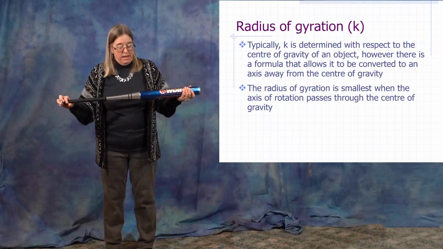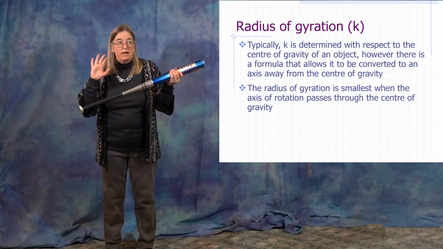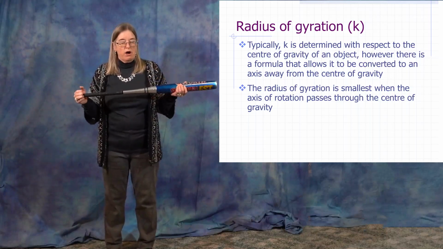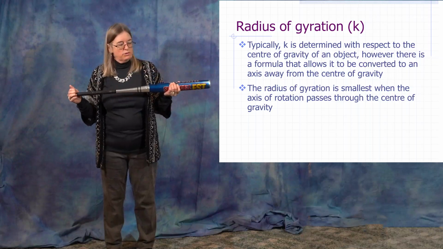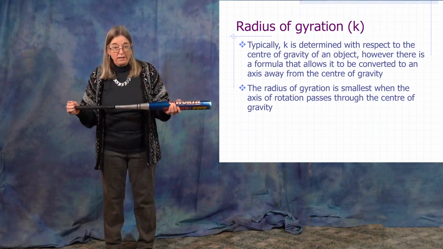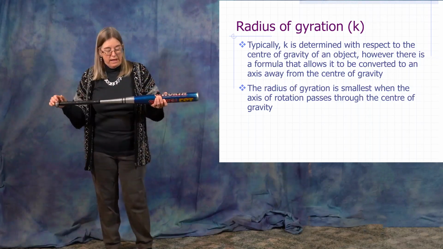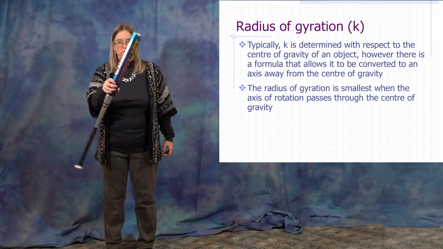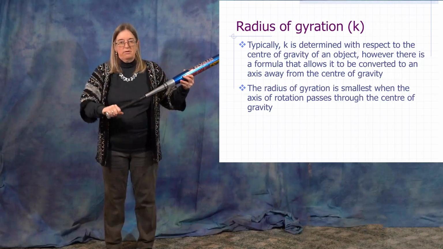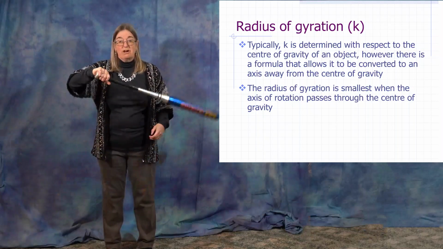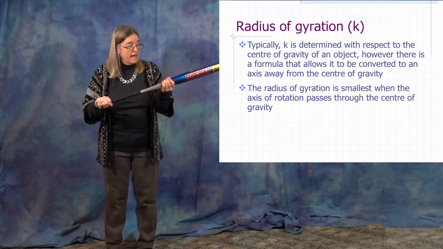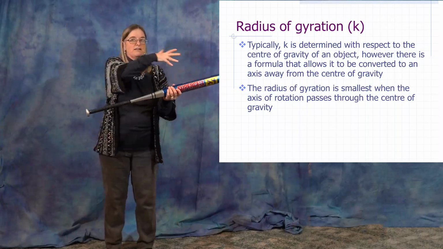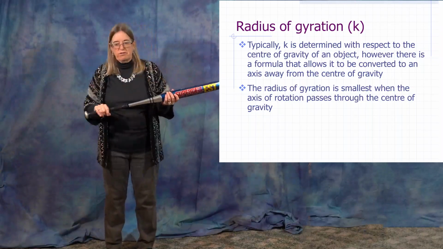And again, I suggest you pick up an object somewhere in your household, be it a bat, a hockey stick, a broom, and grab it around where the center of gravity is and try to rotate it. Or grab it around the end and try to rotate it. You can tell that it's much harder at the end because everything is distributed farther away.